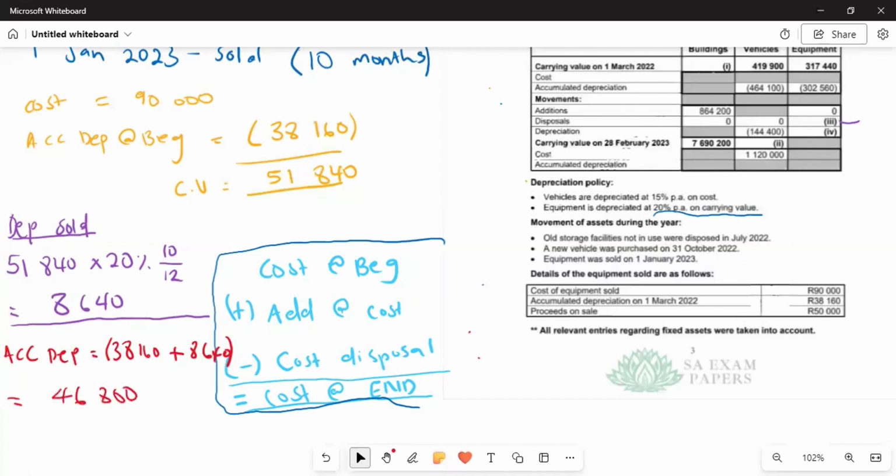Now remember, I'm looking for carrying value at time of disposal, right? So to calculate my carrying value, I will take the cost of my sold equipment, which is 90,000, and subtract my accumulated depreciation at the time of disposal. This gives me my carrying value at disposal, which would be 43,200. And this is the amount they wanted us to calculate. My depreciation for my sold equipment for this year is 8,640.